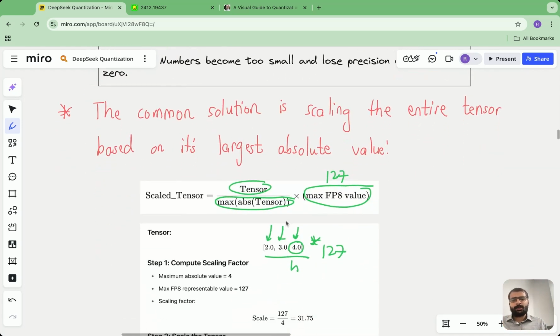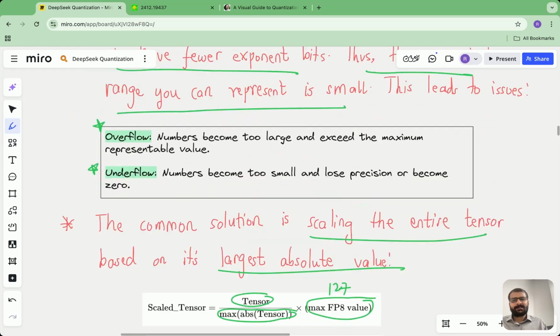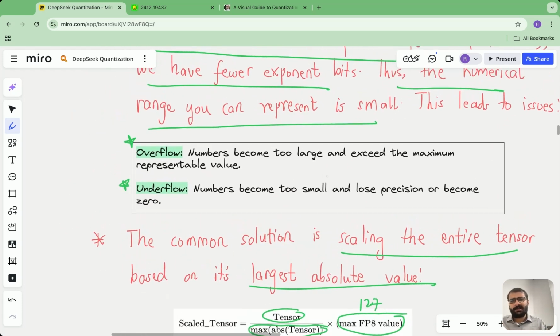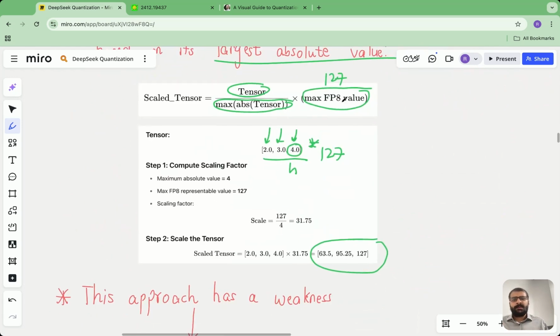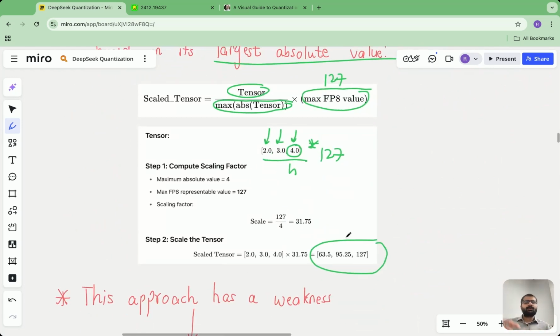That's why the scaling solution is employed, because we can scale the entire tensor based on its largest absolute value. And scaling, just like normalization in deep learning, reduces these underflow or overflow issues. So this method is very frequently used to convert a sequence of numbers into floating point 8, floating point 16, etc. Essentially to quantize a sequence of numbers.